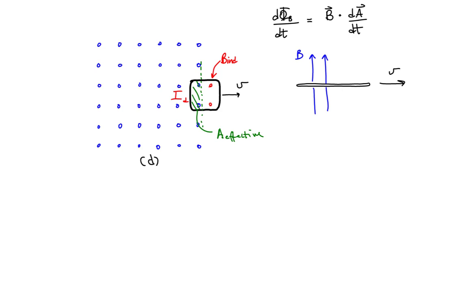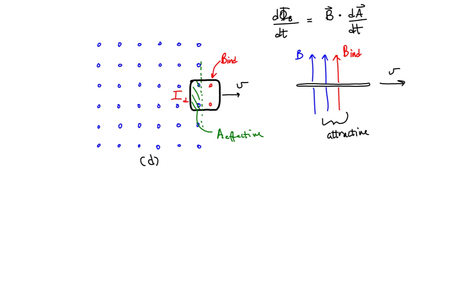In order to keep the loop from leaving, a magnetic field is created that is going to be in the same direction as the magnetic field that is passing through the plane of the loop. Now, it's in the same direction because remember, when two magnetic field lines are parallel to each other, they exert an attractive force on each other.